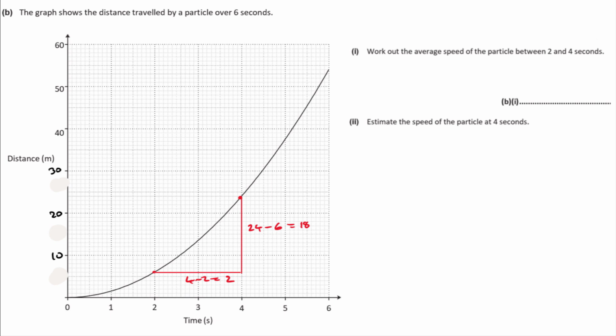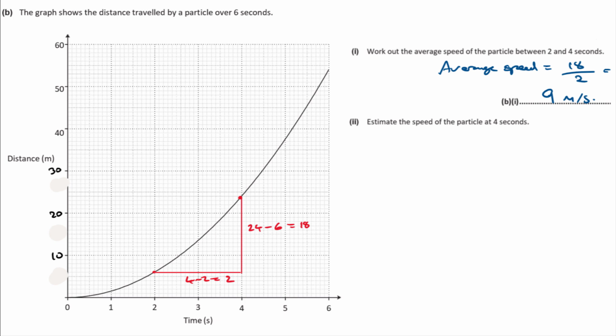So then average speed is going to be 18 divided by 2, which is 9. What's the units? Meters per second.